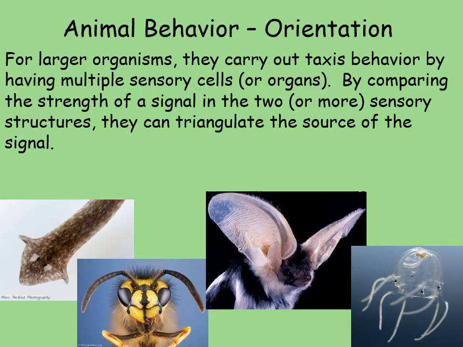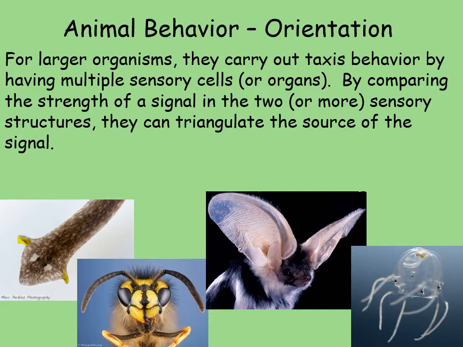We have two eyes, we have two ears, a lot of arthropods have two or more antennas sticking out. In the case of flatworms, they have two auricles that are chemoreceptors on the sides of their heads. The reason you have these paired sensory organs is that you can get two recordings of how strong a signal is.